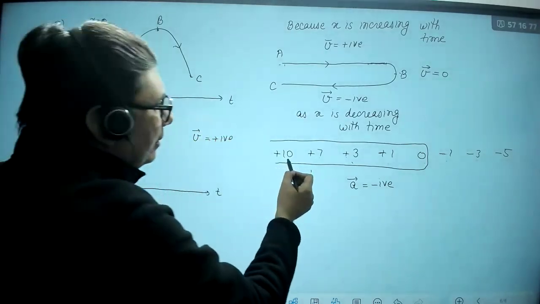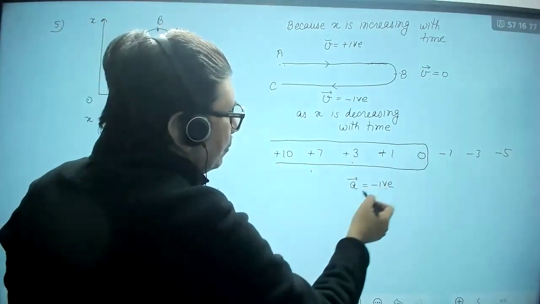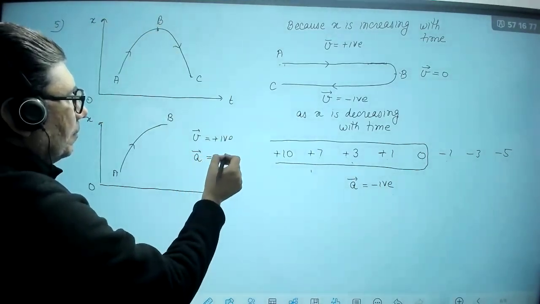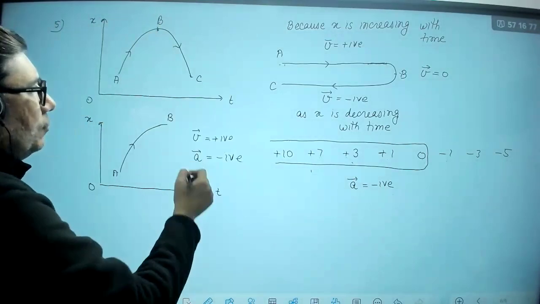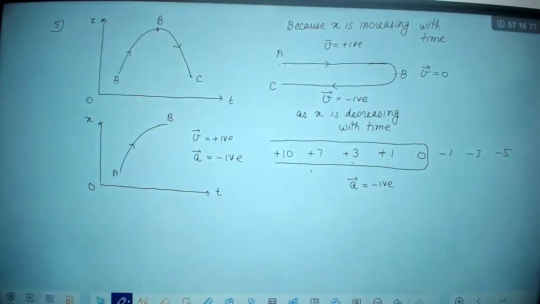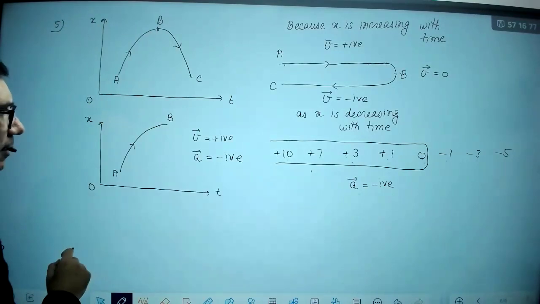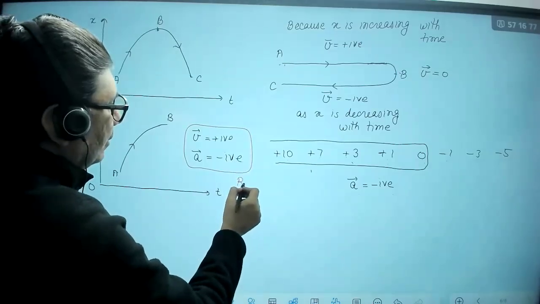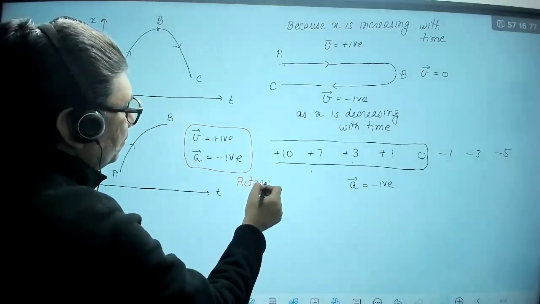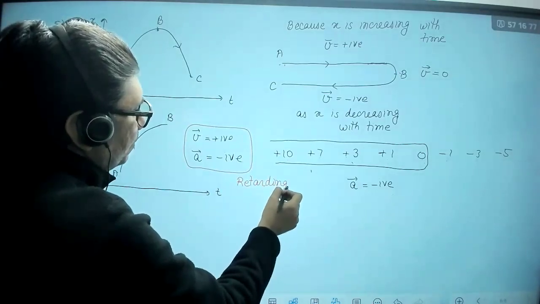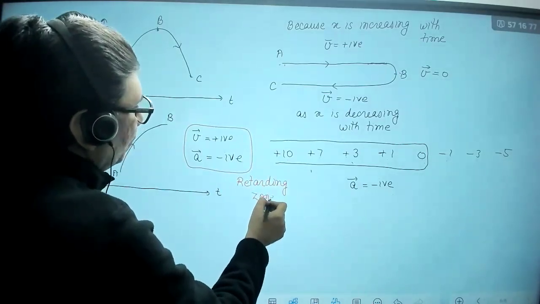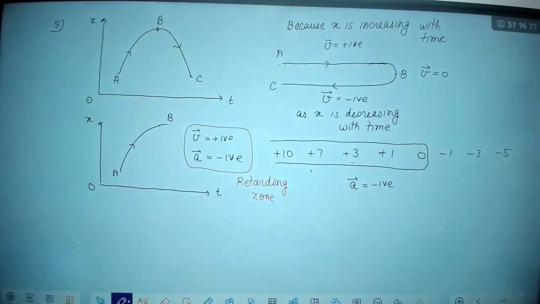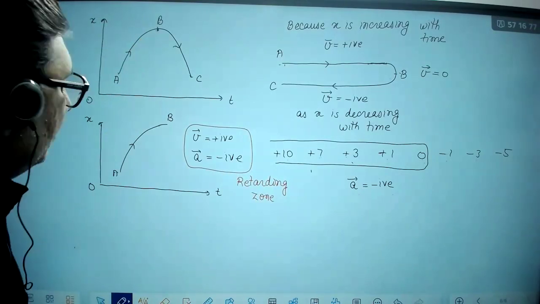And here 10, 7, 3, 1, 0, so acceleration is negative. V and A have opposite signs. So this is a retarding zone. So motion from A to B is retarding, a deaccelerated motion.